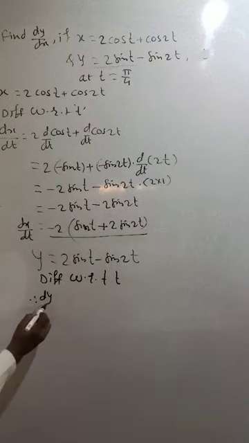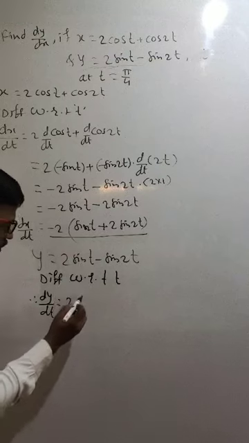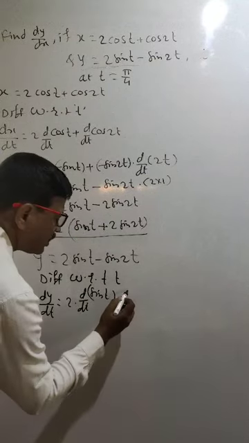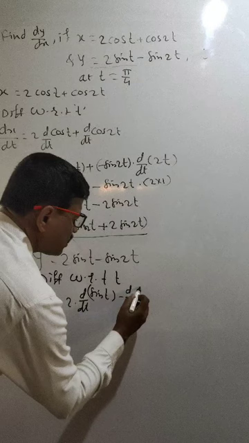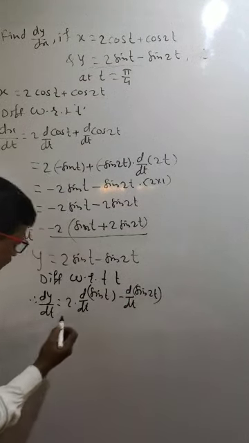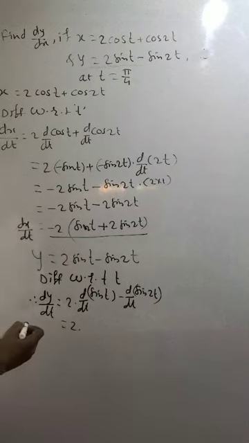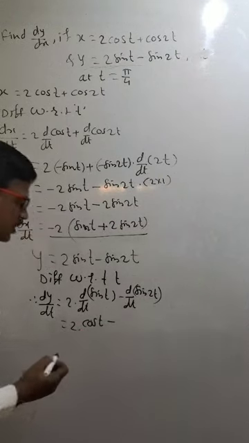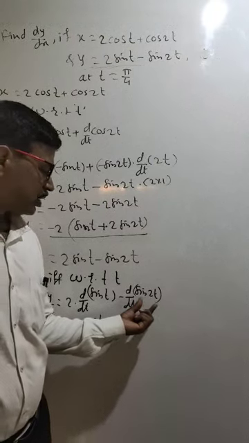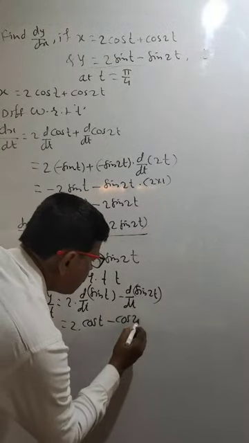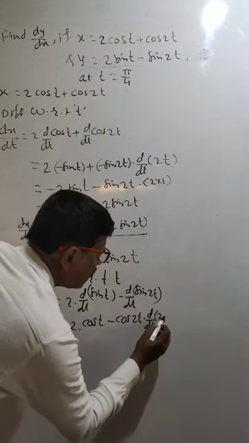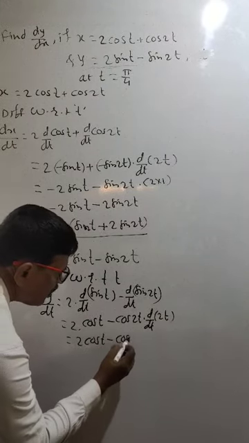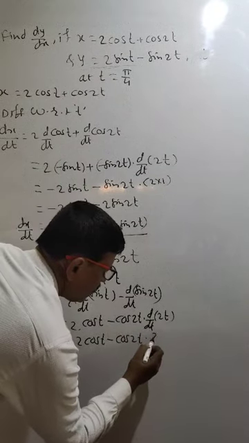Therefore, dy by dt equal to 2 into d by dt of sin t minus d by dt of sin 2t equal to 2 into d by dt of sin t, cos t, minus d by dt of sin 2t, cos 2t into d by dt of 2t equal to 2 cos t minus cos 2t into d by dt of 2t, 2 into 1.